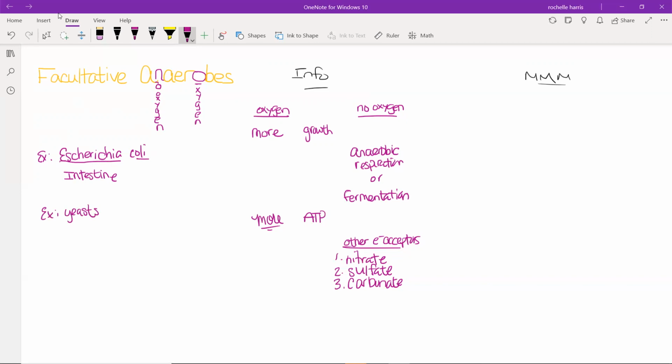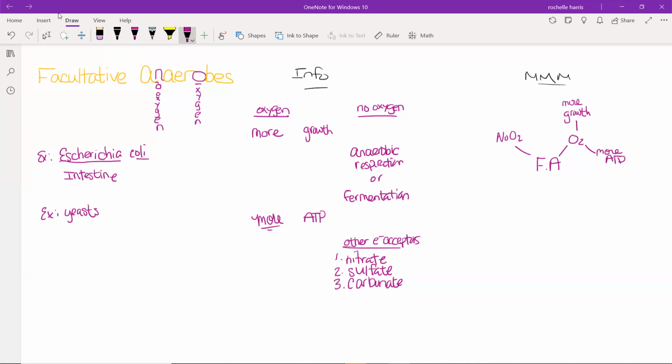And I would do the same thing to remember. So we have facultative anaerobe. And then you're going to have your oxygen and then no oxygen. And then you're going to list all of the details with oxygen. So there is more growth, and you'll see more ATP being produced.